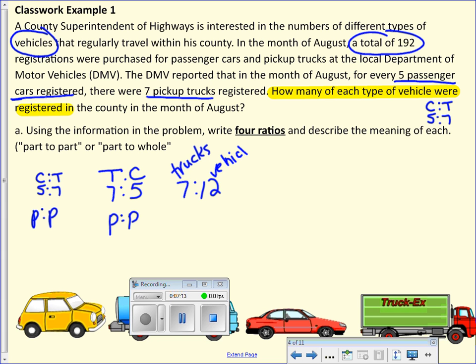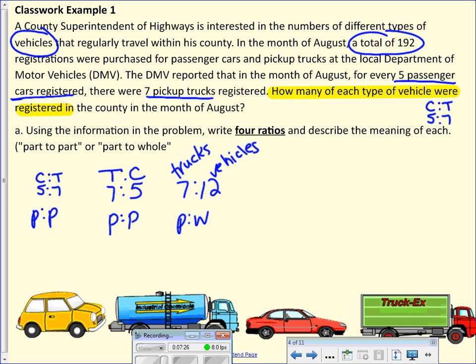I always spell vehicles wrong, but fortunately I have notes to go back to and look at. So give me another, and we said that was part to whole. Give me another one. 5 to 12. Beautiful. And that is cars to vehicles, and that's part to whole.